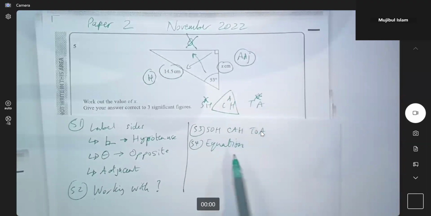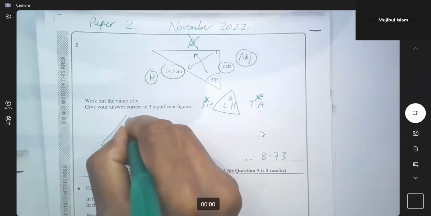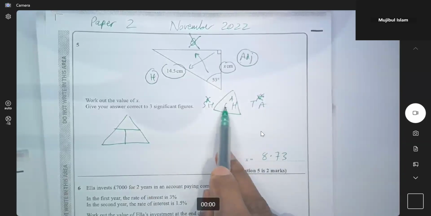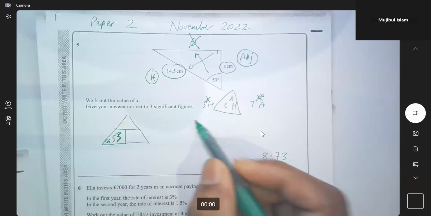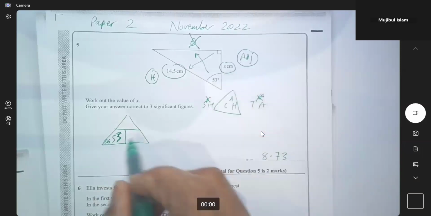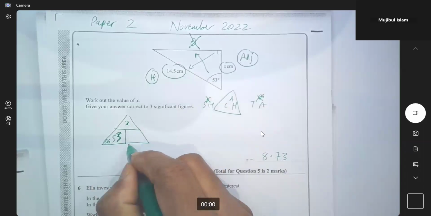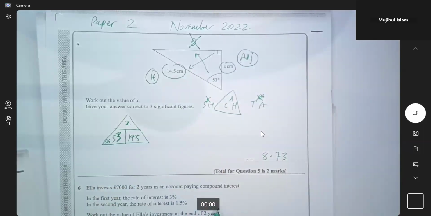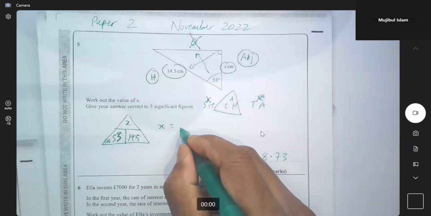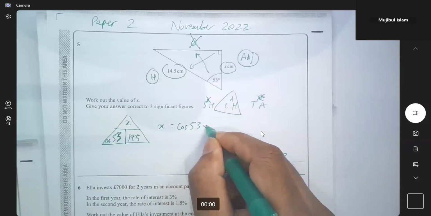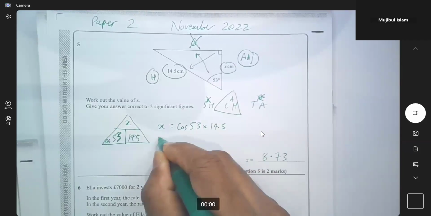Okay, so now I'm going to write my equation. CAH is cos 53. Cos 53 equals adjacent over hypotenuse. My adjacent is x. My hypotenuse is 14.5. Now I can turn this into an equation. X equals cos 53 times 14.5.